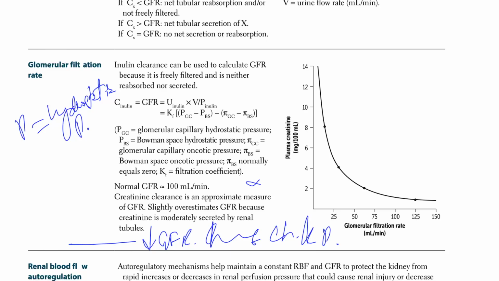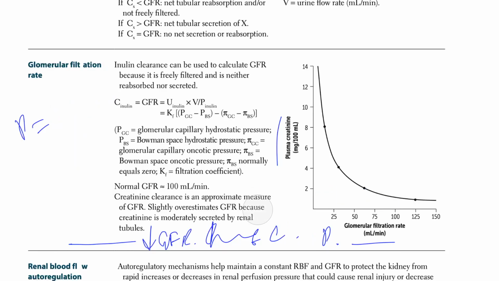Look at this graph now. We have the plasma creatinine and then we have the GFR. We mentioned that creatinine slightly overestimates the GFR, right? So if we have about 2, and let's say this is 1, at a creatinine of 1, we have about a GFR of 100.